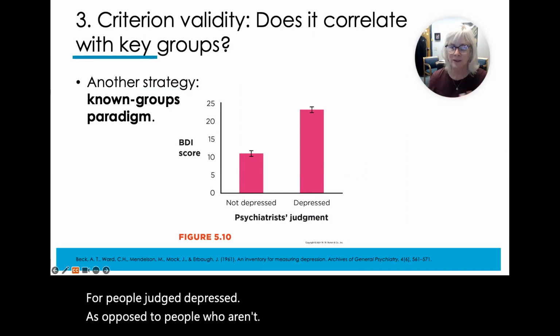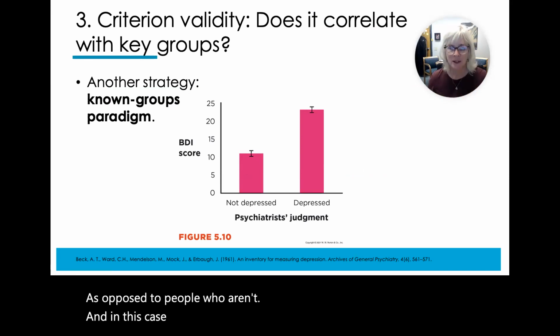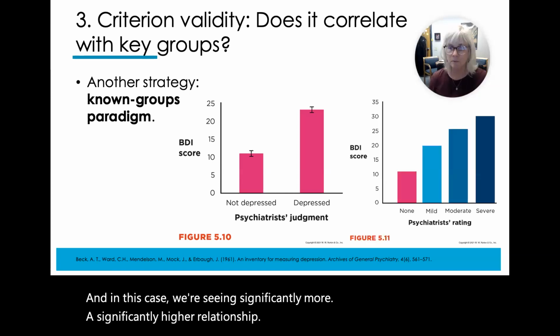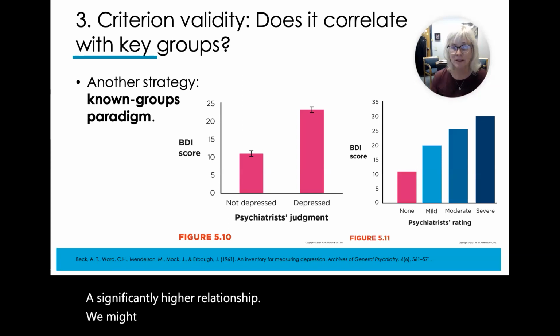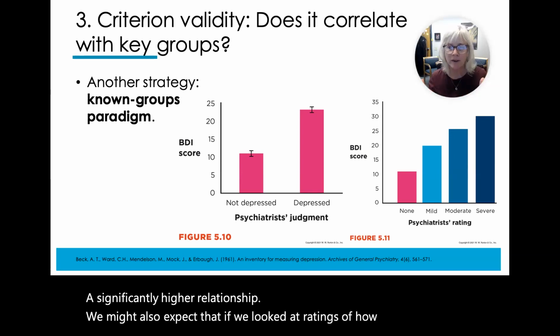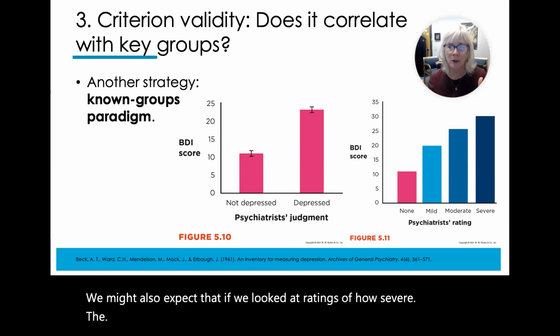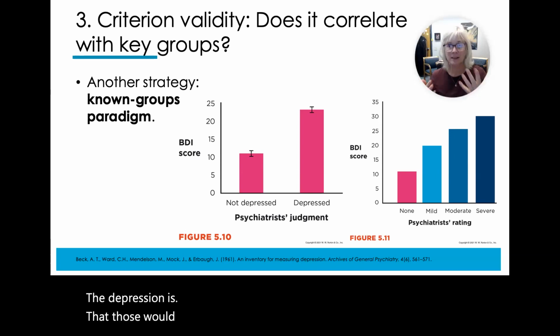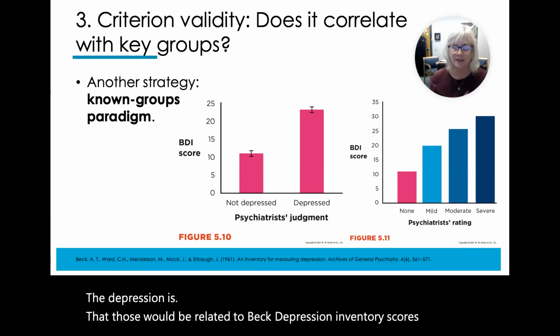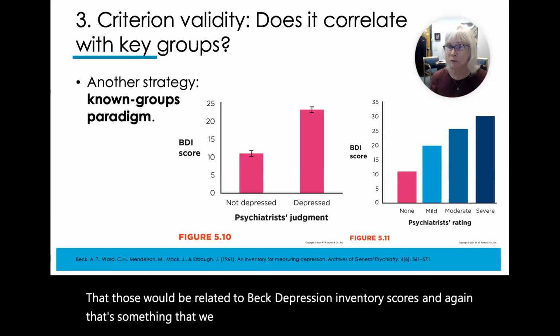And in this case, we're seeing a significantly higher relationship. We might also expect that ratings of how severe the depression is would be related to Beck Depression Inventory scores. And again, that's something that we find. So both of those are good things.